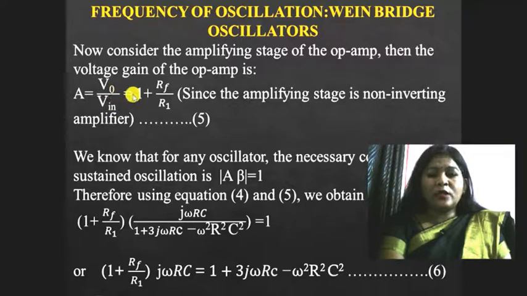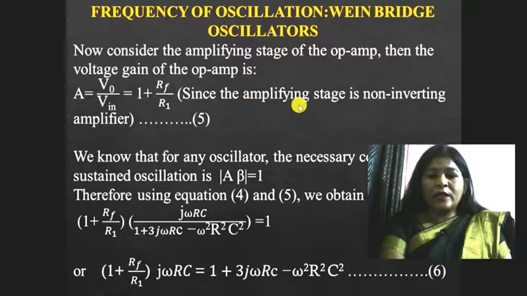And because in case of the Wien bridge oscillator the feedback network is connected at the non-inverting mode, the voltage gain will be equal to 1 plus RF upon R1.